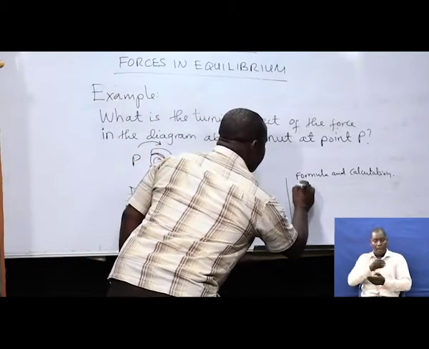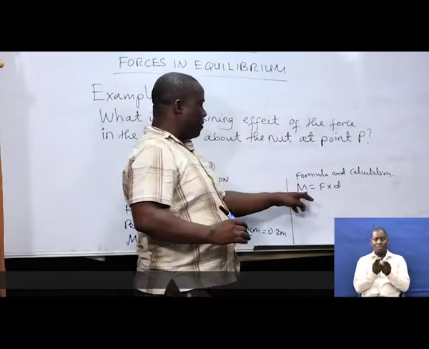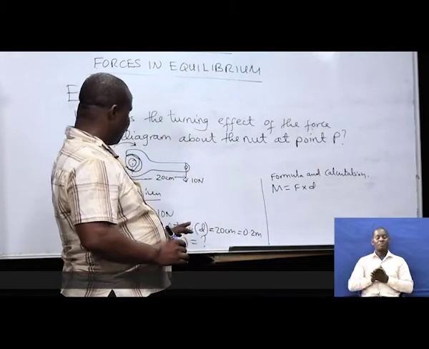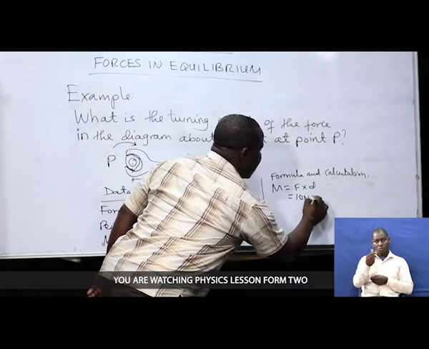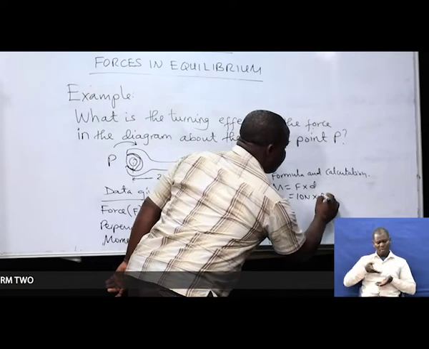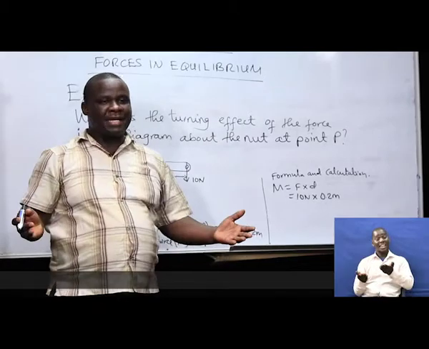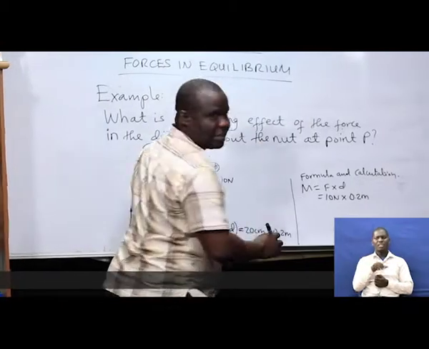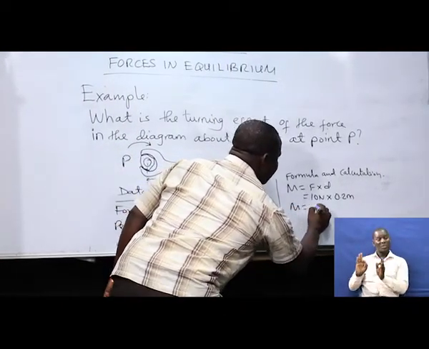So M equals force times d. Now, the force is 10 Newton, times the perpendicular distance provided, 0.2 meter. Calculating 10 Newton times 0.2, what is the answer? Yes, good, M equals 2.